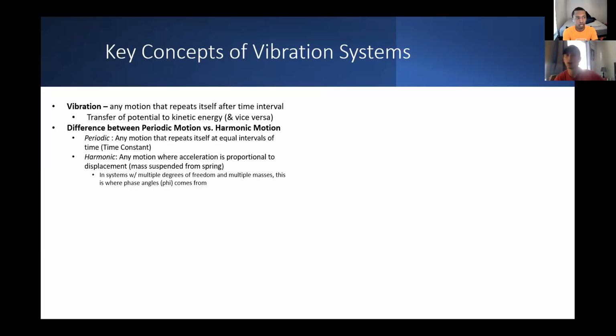It's when you have multiple degrees of freedom or multiple masses, each doing their own thing, and so you have different vibrations, and those different vibrations can also interact with each other and cause some issues. So harmonic motion is something that we should all know as engineers.